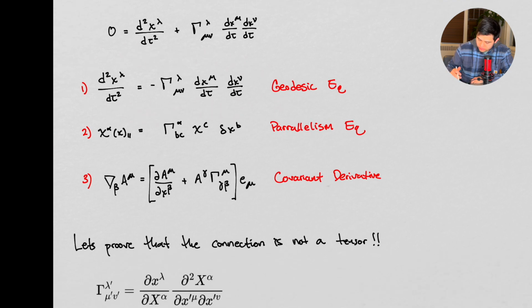So what we have is that the connection is somehow related to the double derivative of some vector on a manifold. It's also somehow related to some notion of parallelism on a manifold.